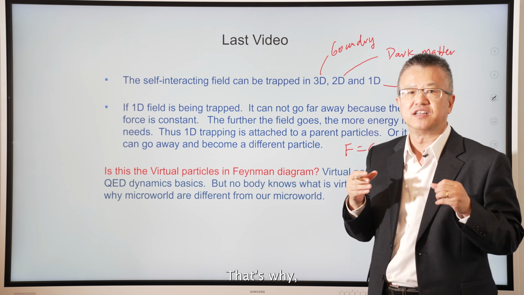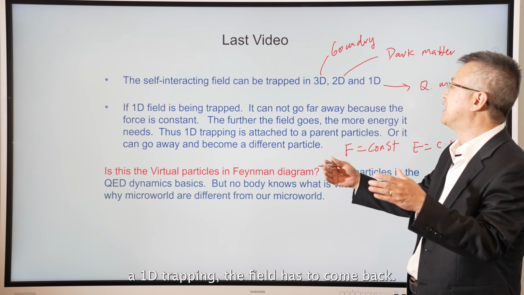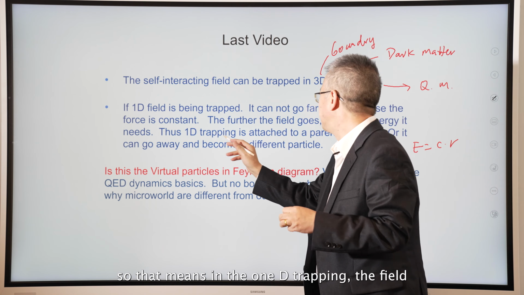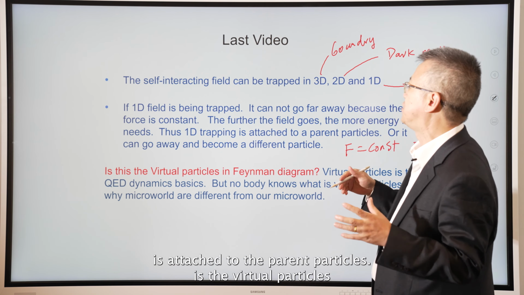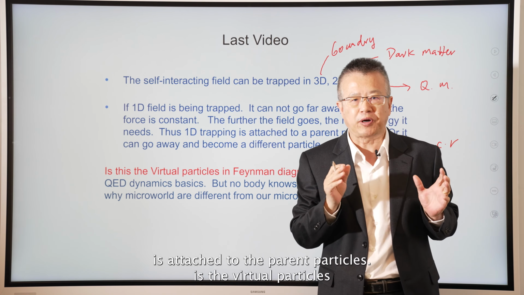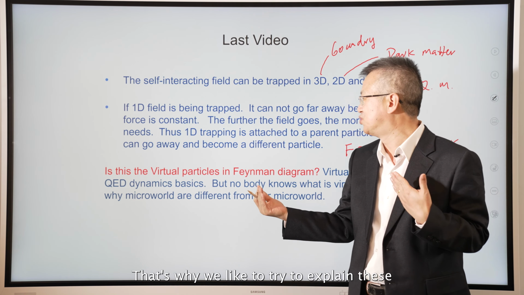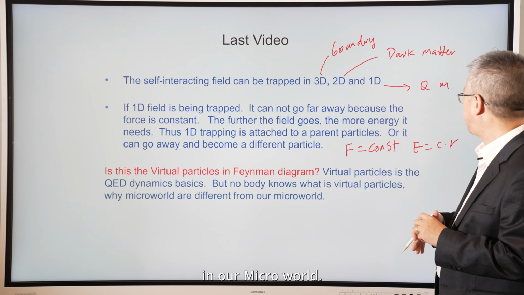That's why once you have a 1D trapping, the field has to come back. So that means in 1D trapping, the field is attached to the parent particles. It's the virtual particles, it's the 1D trapping. That's why we would like to try to explain this in our microworld.